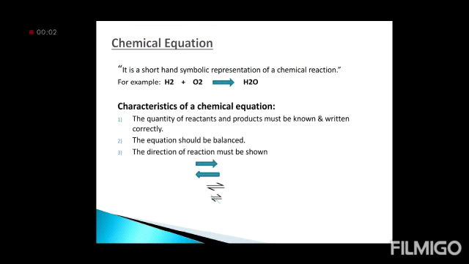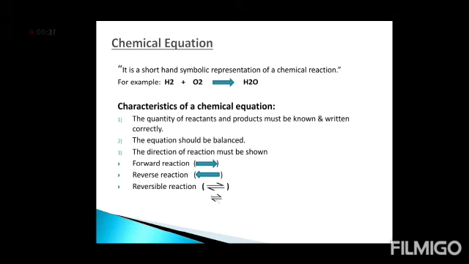Number 3, the direction of reaction must be shown. A chemical equation must show in which direction the specific reaction is moving. There are 4 different cases. Forward reaction: if a reaction is moving from left to right, it is called a forward reaction, indicated by this arrow. Reverse reaction: if the reaction is moving in the reverse direction, from product to reactant, or from right to left, then it is a reverse reaction, indicated by the given arrow.